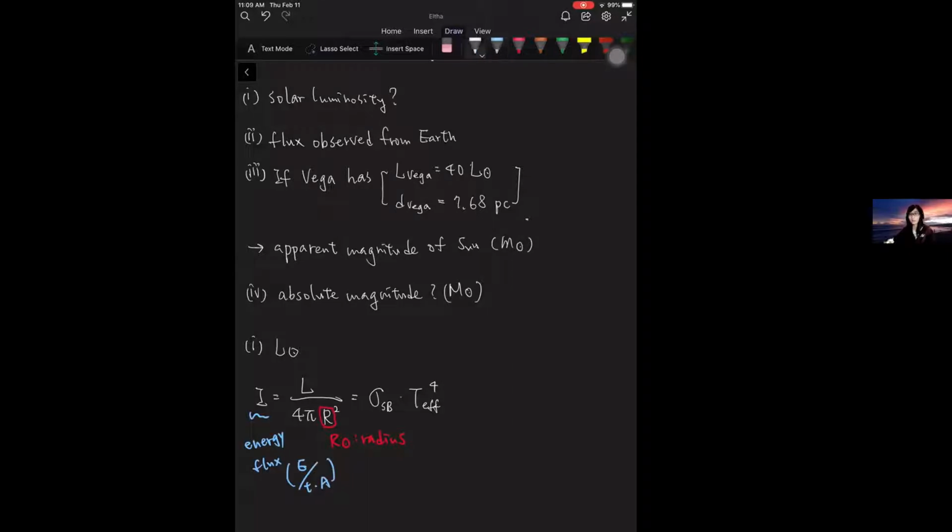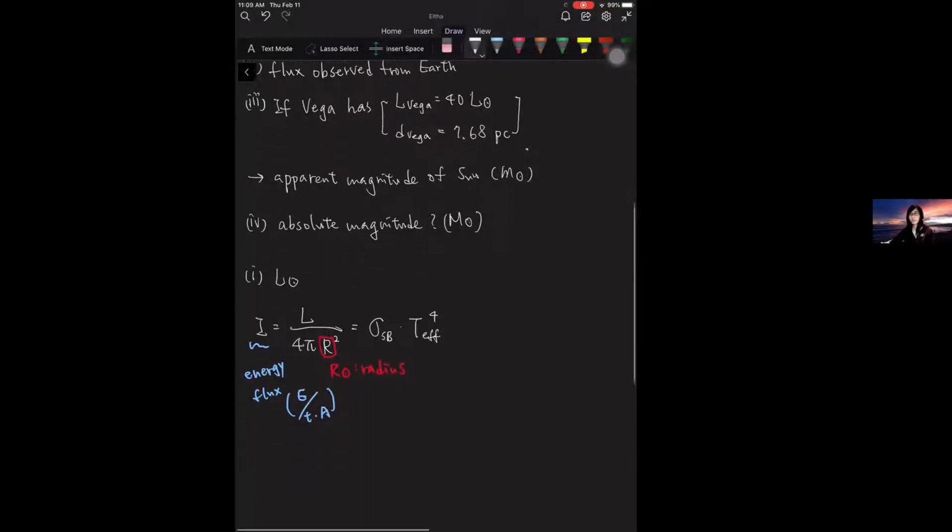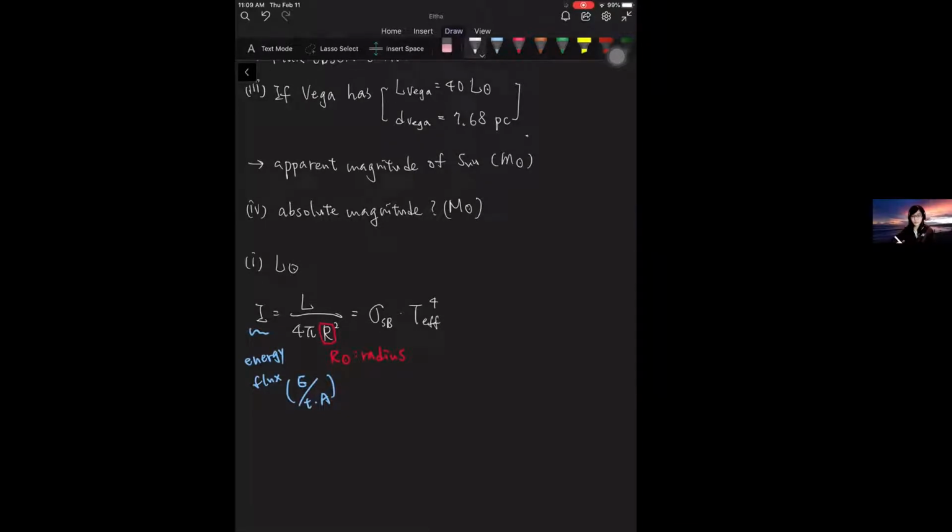Okay, so now with this equation, we can easily get the luminosity of the sun. So it's just 4 pi r of the sun squared times sigma T to the fourth, right?